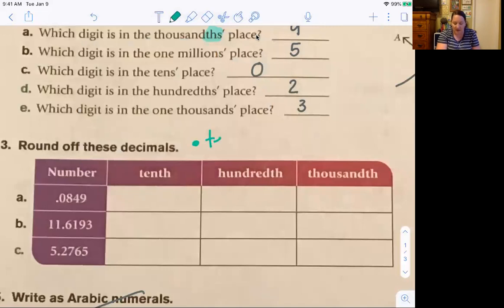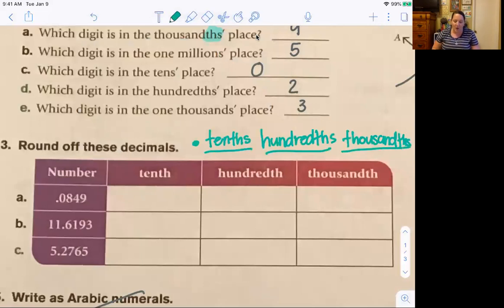It goes tenths, hundredths, thousandths, and that's all we need to go to for this one. So what number's in the tenths place for 0.0849? But we're rounding. It's a 0, right? A 0's in the tenths place.